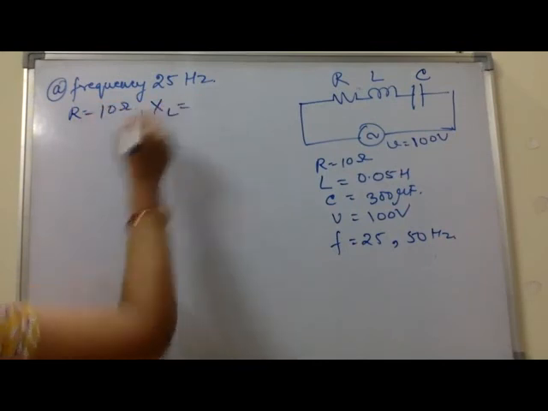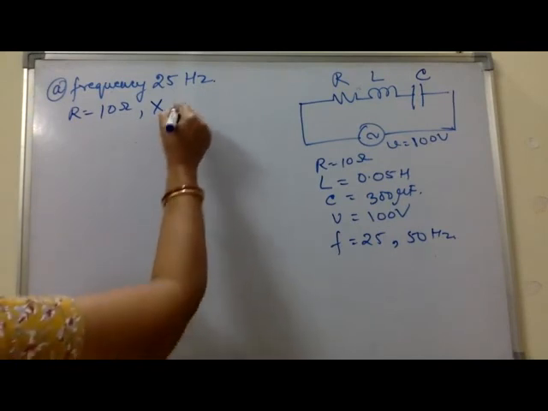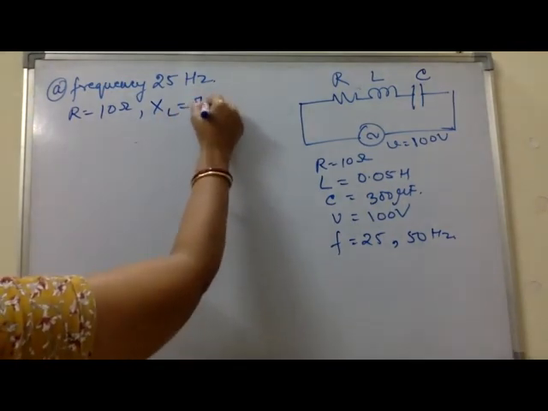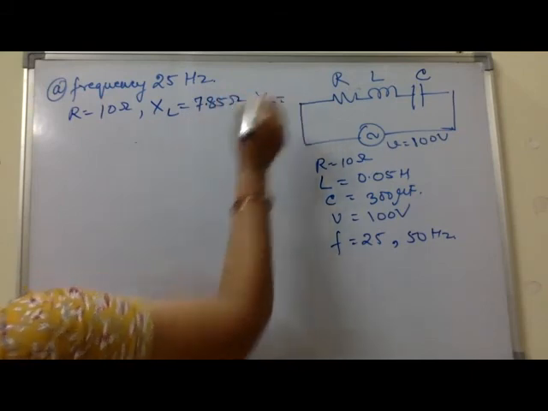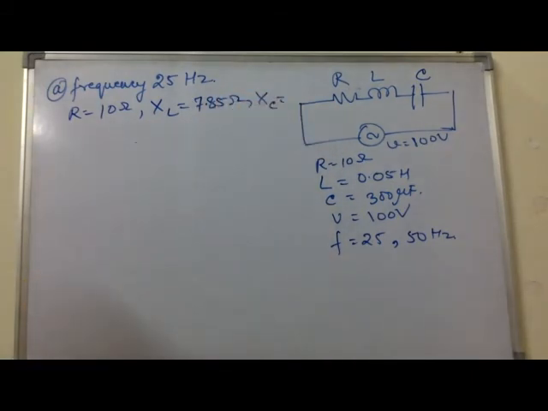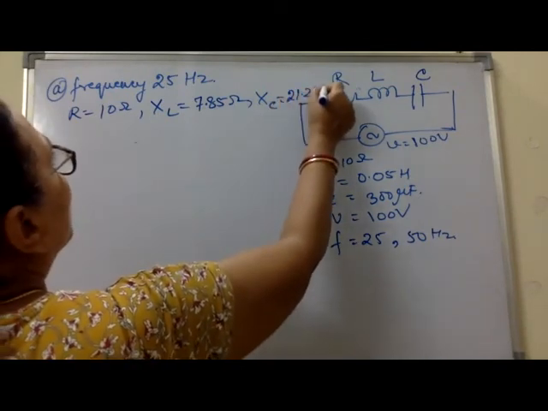Your XL will be 2 pi FL. So XL at 25 hertz will be 7.85 ohms, and XC, that is 1 by omega C, 1 by 2 pi FC. When you substitute F is 25 hertz, this comes out to be 21.23 ohms.